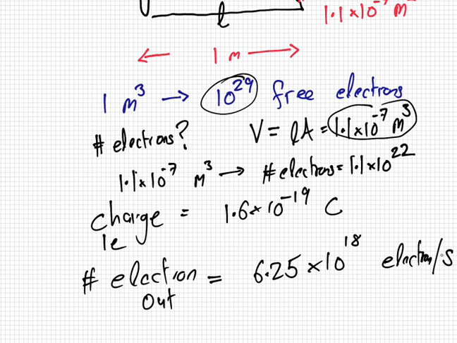So now we want to work out how fast they're coming out at. How many electrons do I have in total? Times 10 to the 22. And how many do I need to come out?